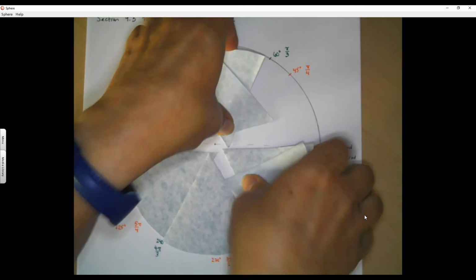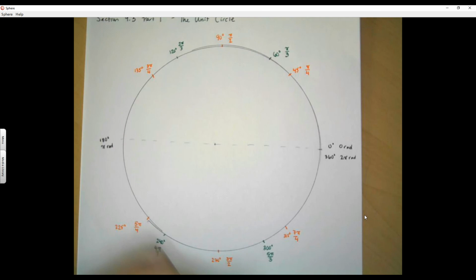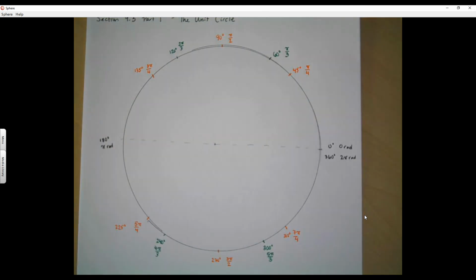6 over 3 is 2 whole pi. All right, we have one more fraction that we need to look at that's important for our unit circle.